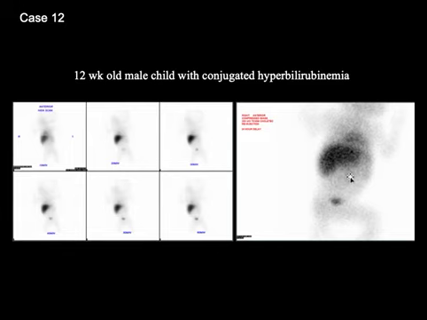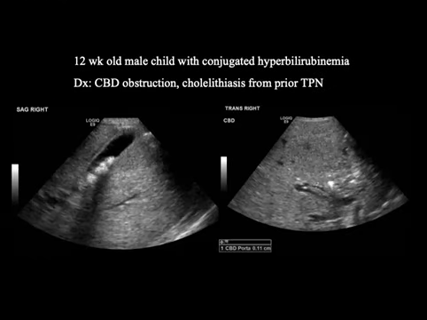The 24-hour delayed image showed the same finding, trying to sway us towards biliary atresia, but when an ultrasound scan was repeated in this patient, we found that they had these shadowing gallstones, which we see here, and the CBD at the porta was seen and measured about 0.1 cm. So these findings put together were consistent with CBD obstruction secondary to cholelithiasis, which was secondary to prior TPN.